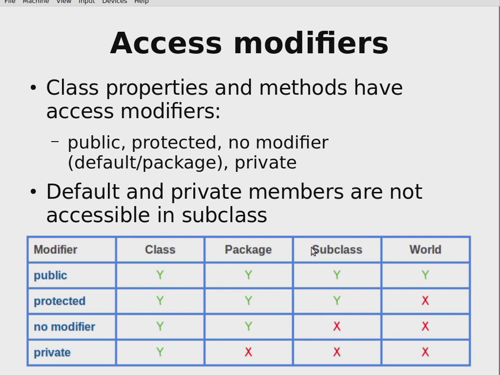If you add the public keyword, then it can be reached from everywhere, and if you add the private modifier, you can reach this method or property only from the current class. So if you are inside the body of the current class, these are reachable, everywhere else they are hidden.